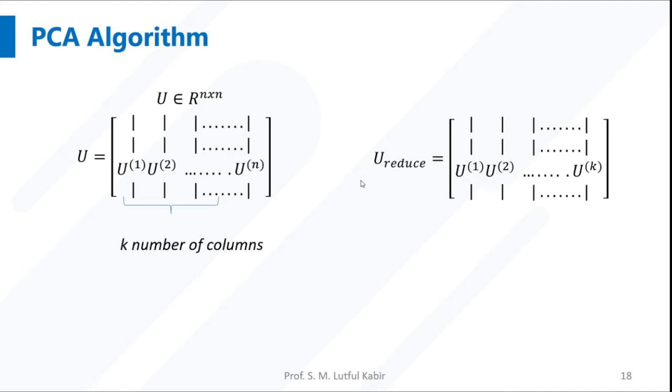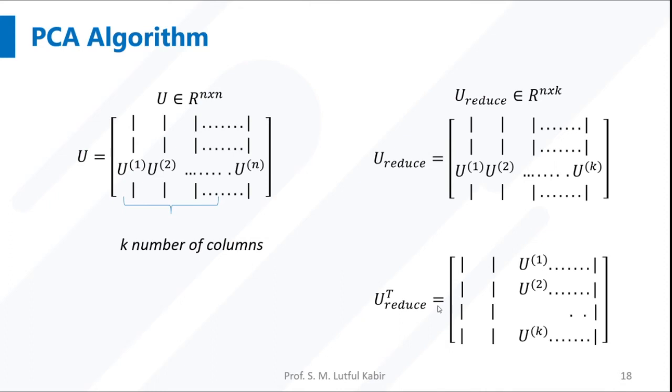That means the step is to find the SVD function output, and one of the outputs is U, and you take the reduced part of U, consisting of the first k columns. The size of this matrix will be n by k, n rows and k columns. If you take the transpose of this matrix, it will be a k by n matrix. So these two matrices will be required for our further processing.